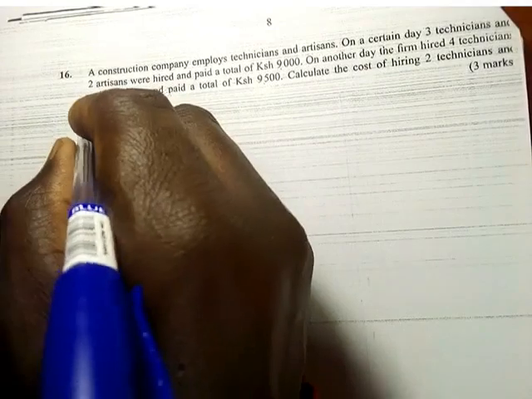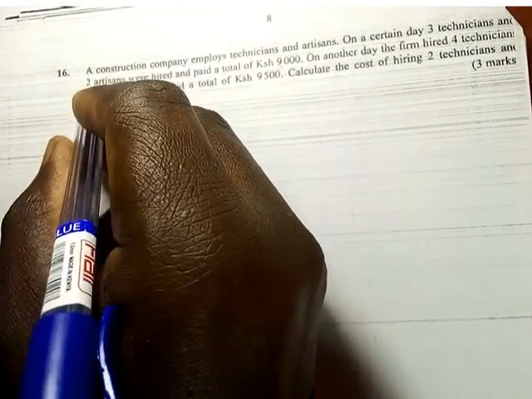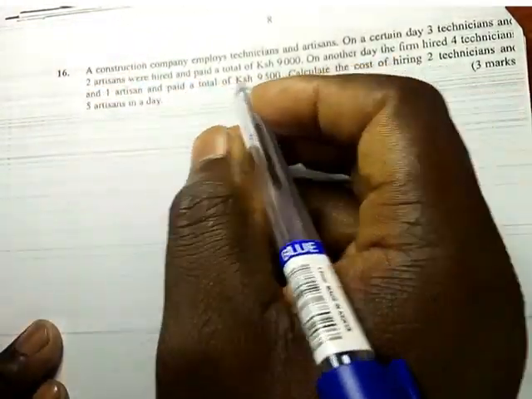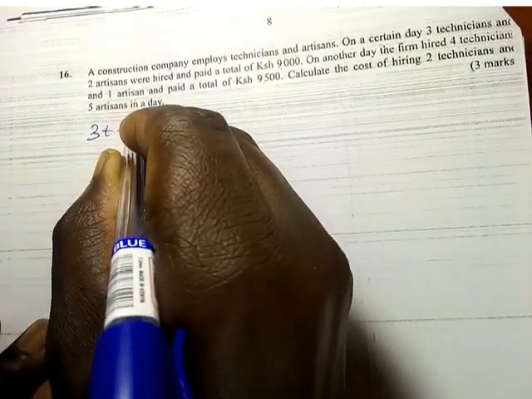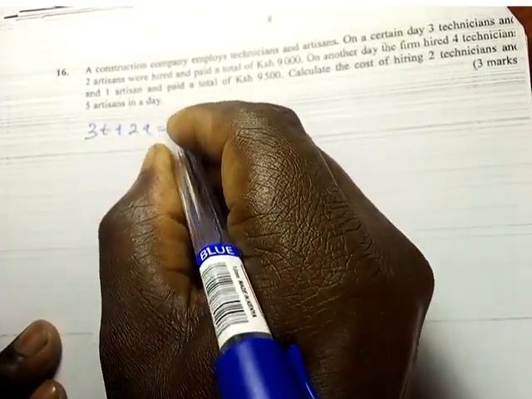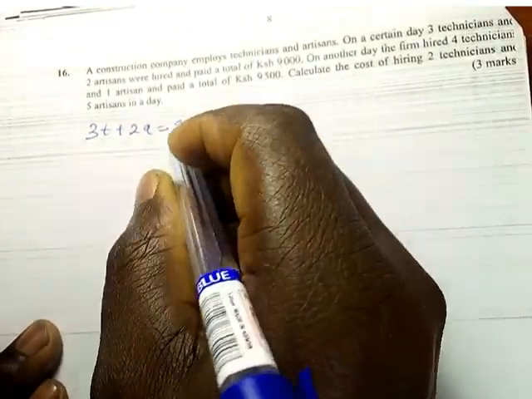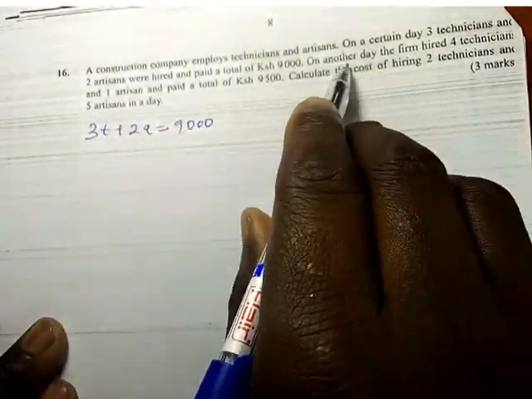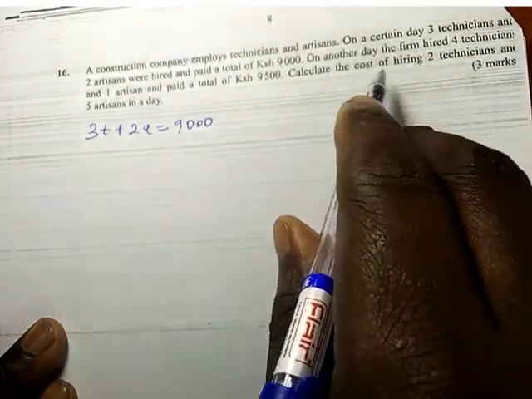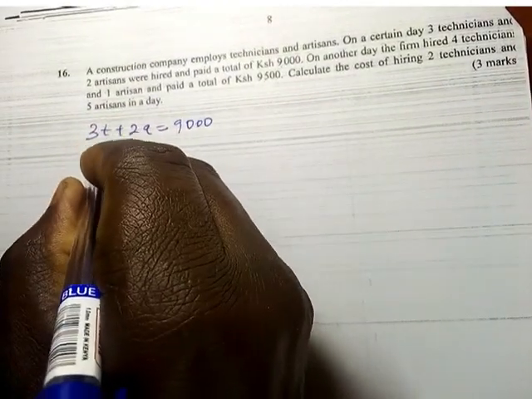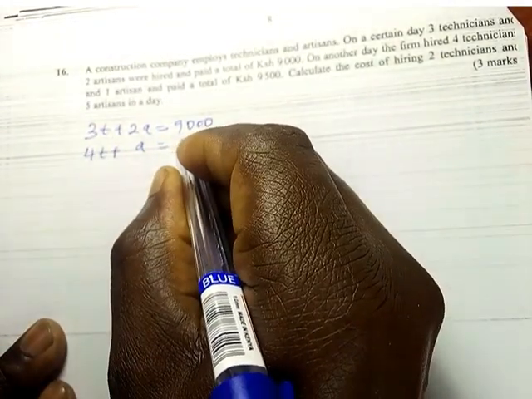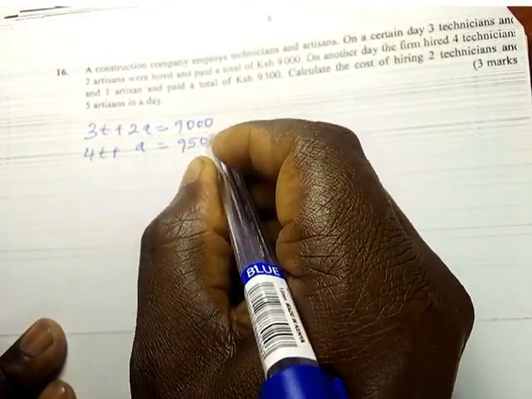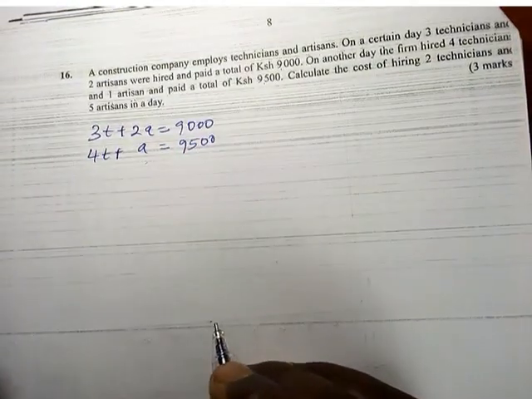So let us take T for technicians and A for artisans. So the first day, they hired 3 technicians plus 2 artisans and they paid 9,000. That's the first equation. On another day, they employed 4 technicians, 4T, plus 1 artisan, that is A, and that cost them 9,500.